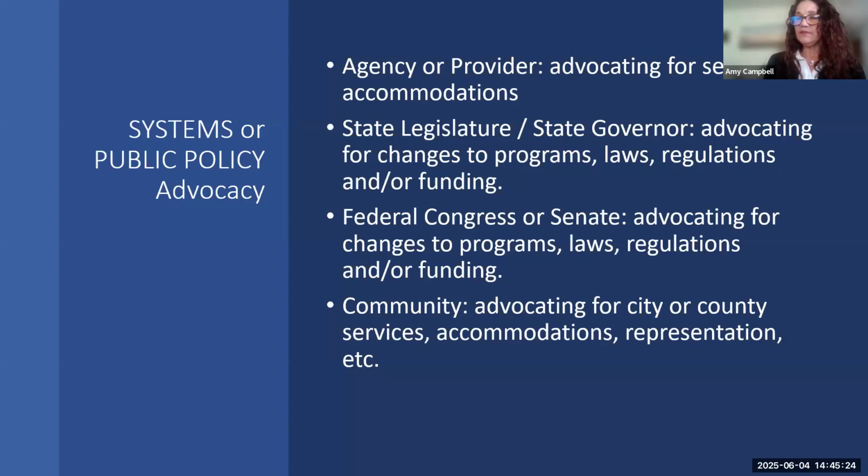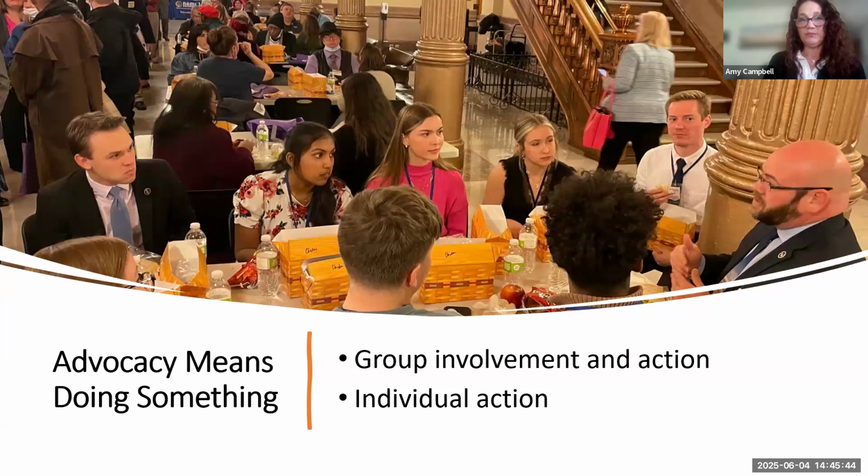It may be difficult to get funding at the local level, but sometimes it can be the kind of advocacy where you're just trying to get an additional bus stop, or you have a park that doesn't have any curb cuts. I mean, there can be all sorts of things that people can advocate for on the local level and be effective. But at the end of the day, advocacy means doing something.